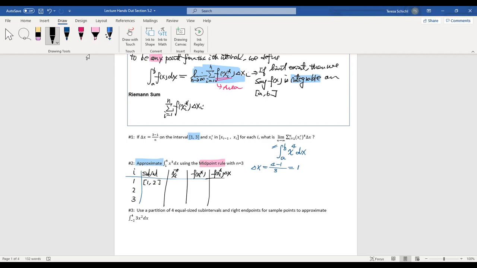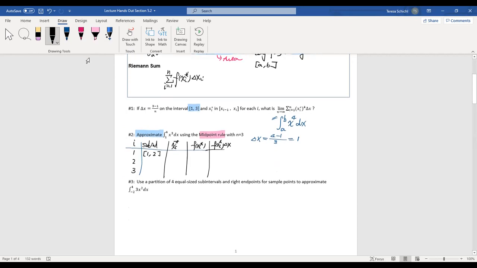So this is 1 and 2. What is my midpoint in 1 and 2? It's 1.5. So what is my function? It will be 1.5 to the third, so this is 3.375. And then my delta x is 1, so the area is 3.375 times 1, which is just itself.